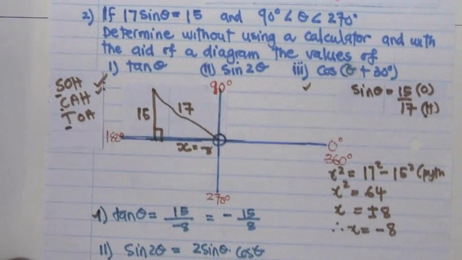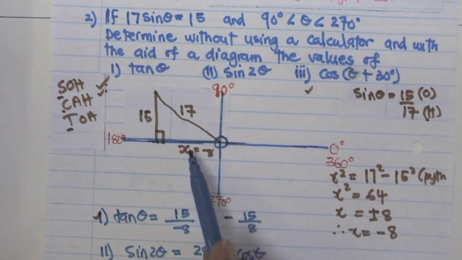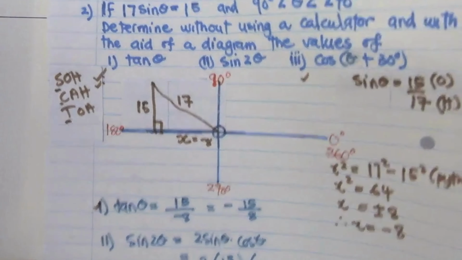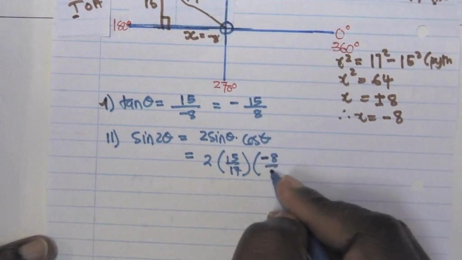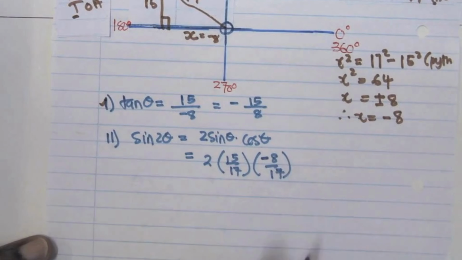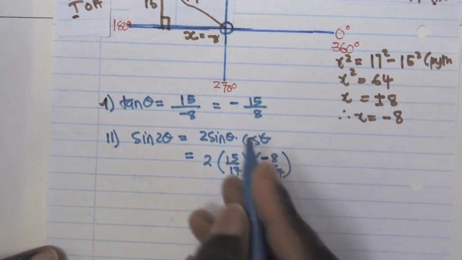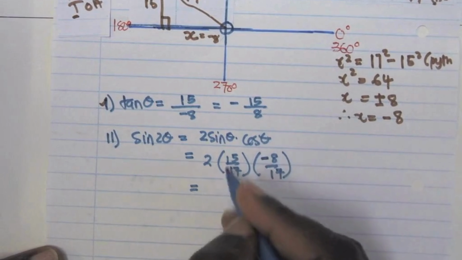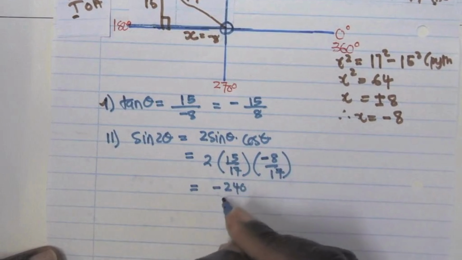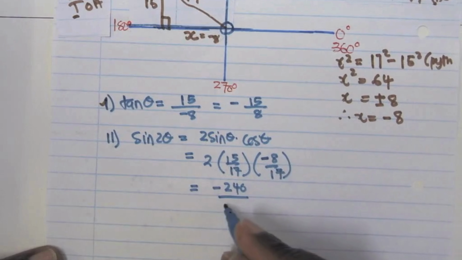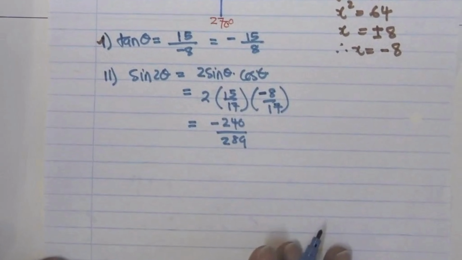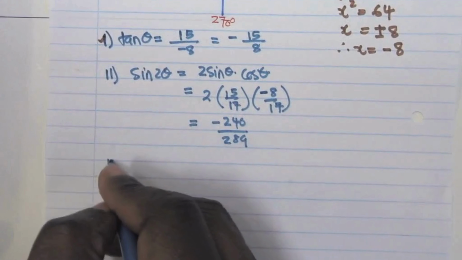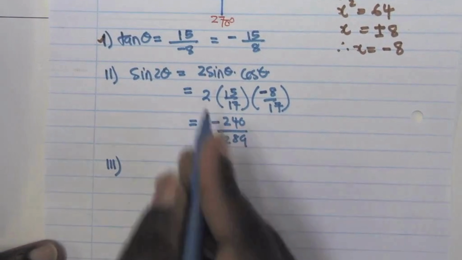And if I go to the diagram, cos is adjacent over hypotenuse. And then I can write my answer here as negative 8 over 17. And when I simplify this, my final answer is negative 240 over 289.